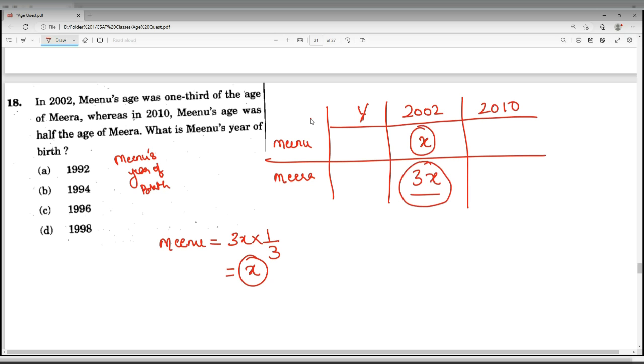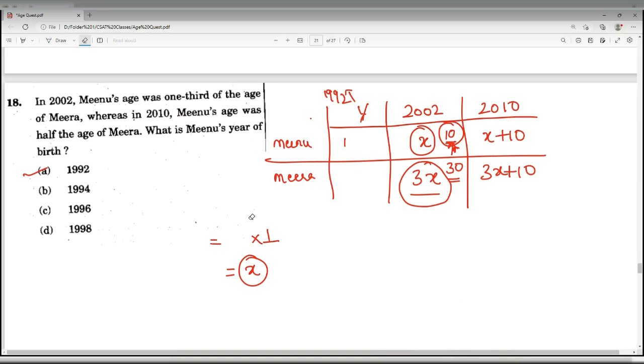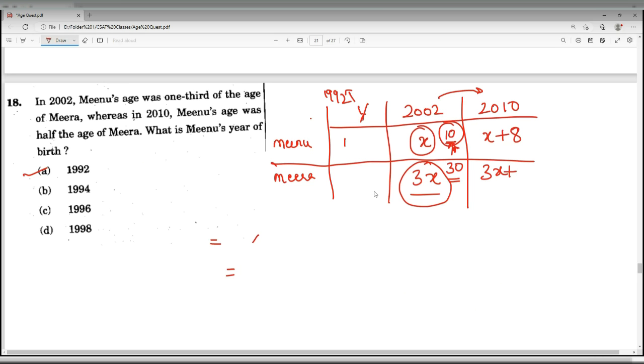Whereas in 2010, Meenu's age was half. This is x plus 8, because the difference is 8 years. This becomes x plus 8 and 3x plus 8.